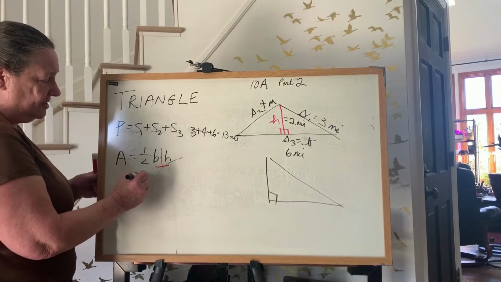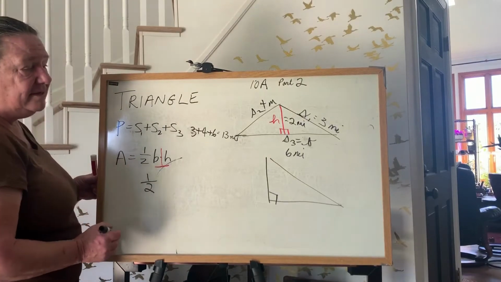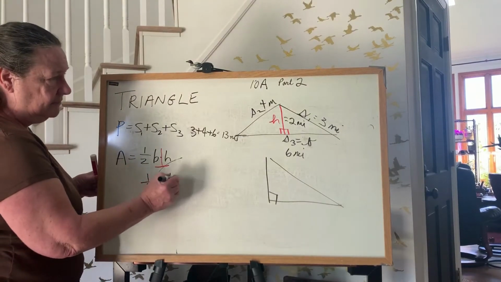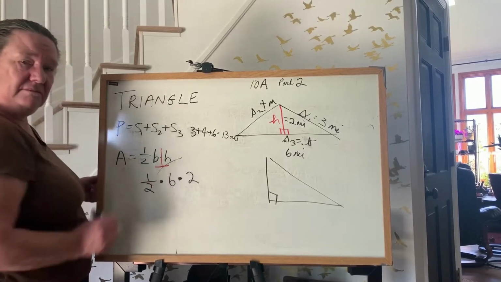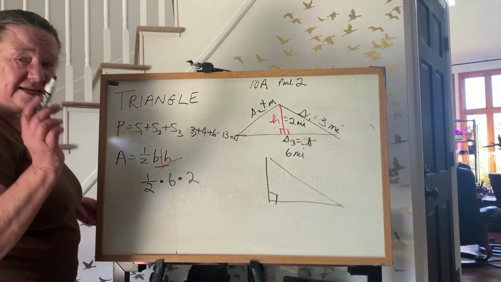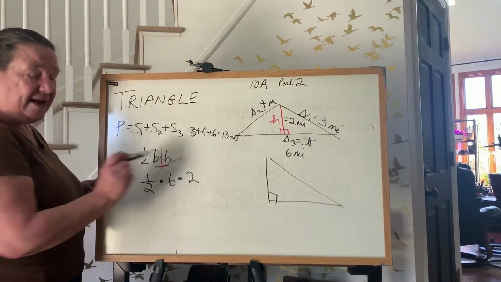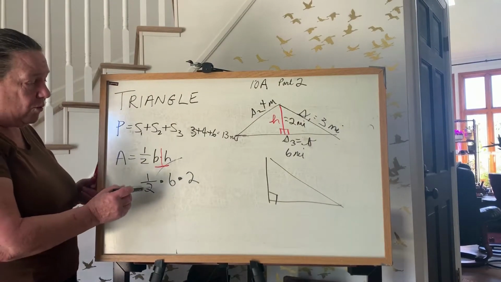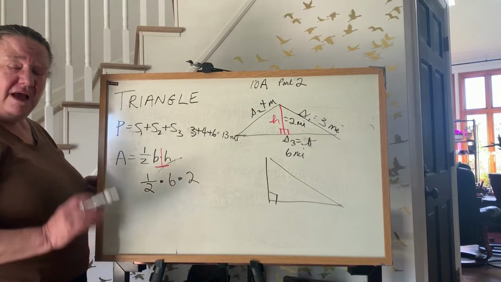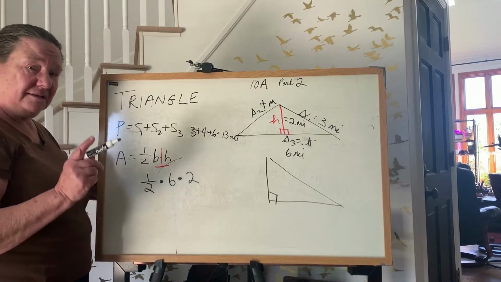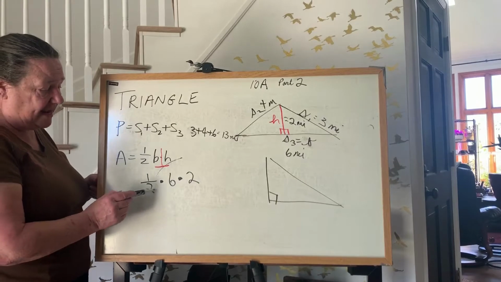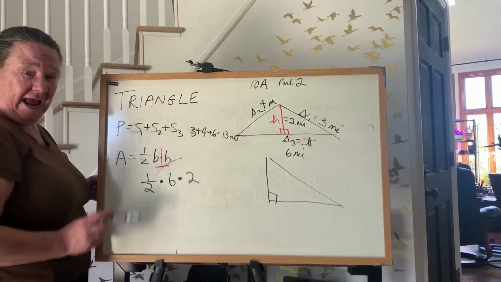Okay. So this would be 1/2 the base times the height. Okay? You may take 1/2 of 6, or 1/2 of 2, or 1/2 of 12, but you may not, listen to this, you may not take 1/2 of 6 and 1/2 of 2.